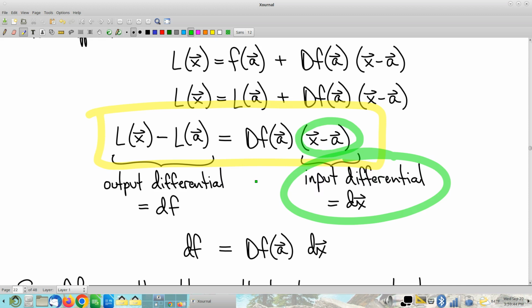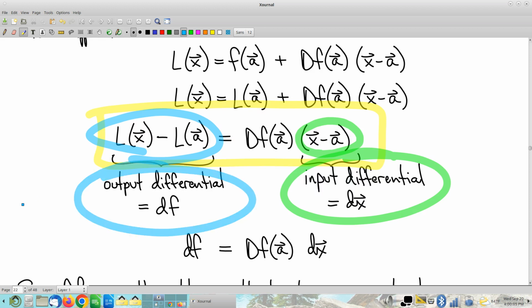And then if you look at the left-hand side, how much did our linear approximation change? Literally, L of x minus L of a, that says the value of the linear approximation over here minus the value of the linear approximation over here. It's literally the output differential. Again, keep in mind, differentials are linear approximations of change.